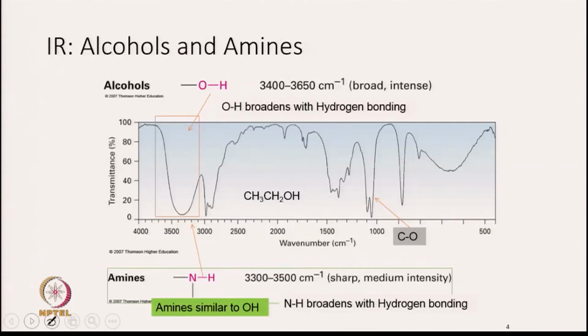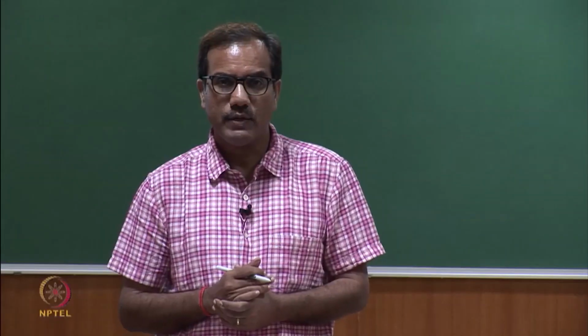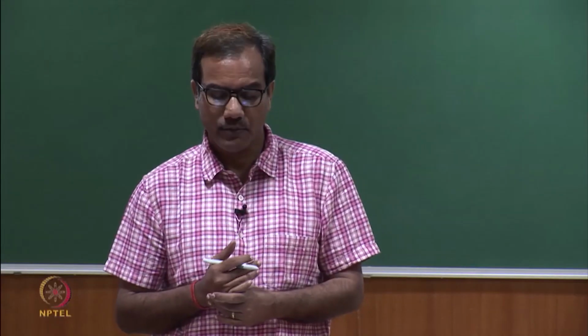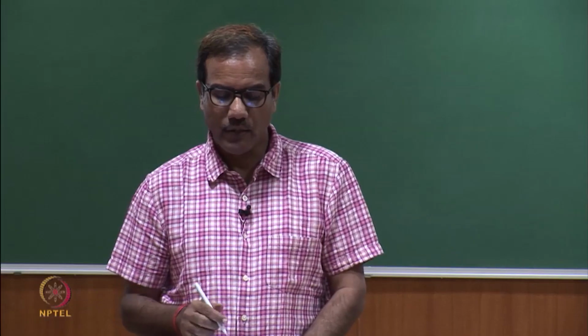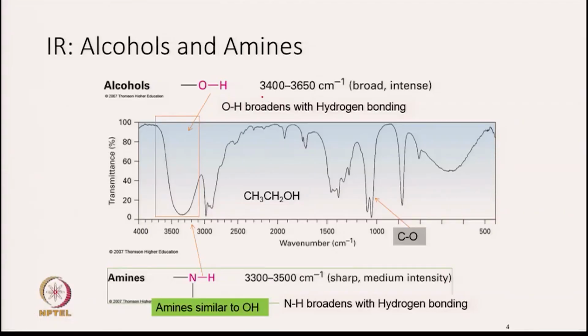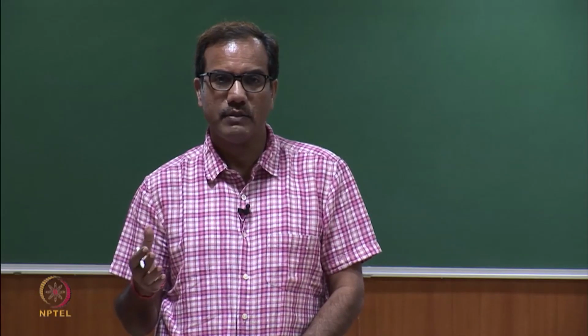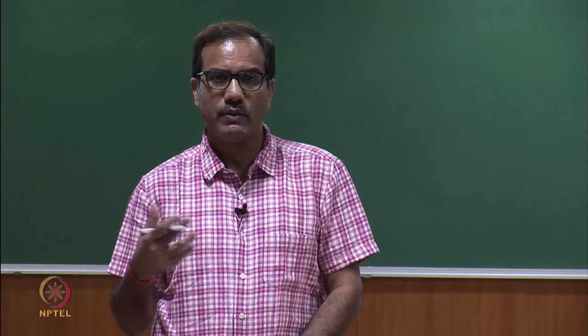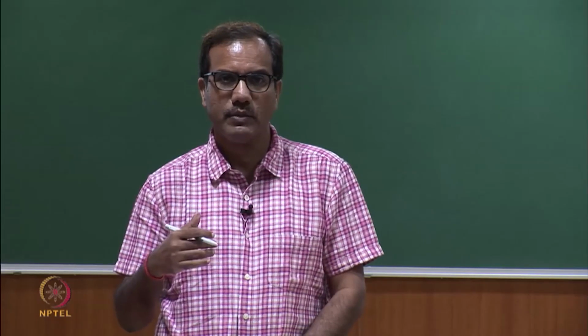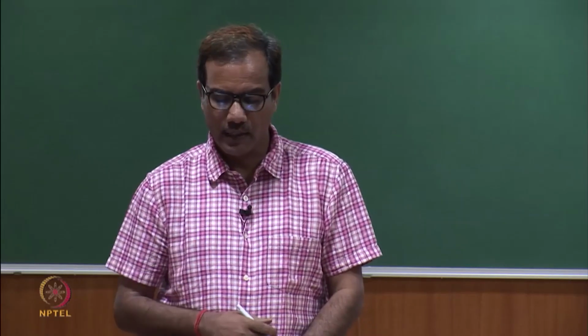Alcohols and amines have characteristic peaks which can be observed in IR spectroscopy. For alcohol, you will get a peak around 3400 to 3650 centimeter inverse, and they typically broaden with hydrogen bonding. So a very broadened peak around 3400 to 3650 centimeter inverse indicates not only OH bonding but also OH undergoing hydrogen bonding.